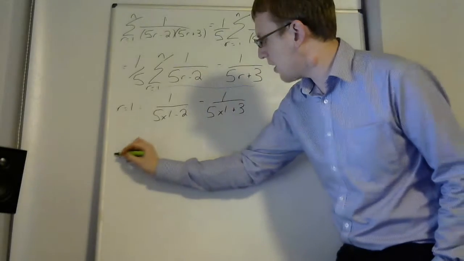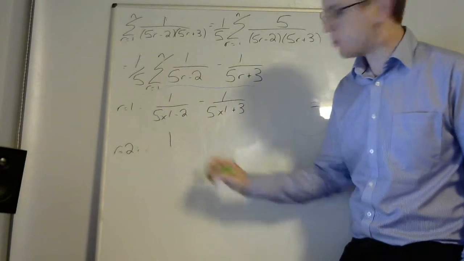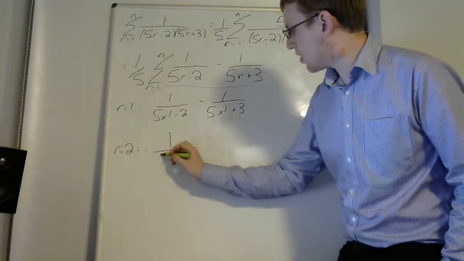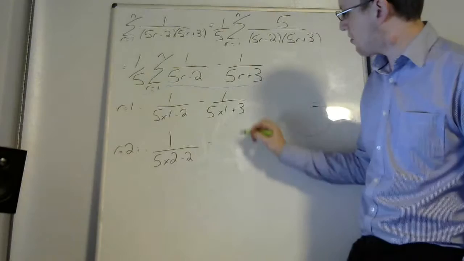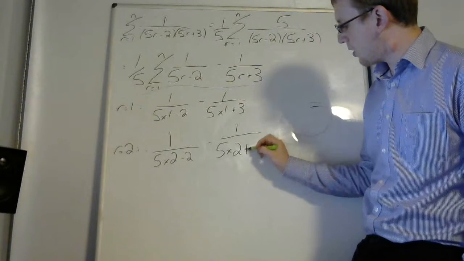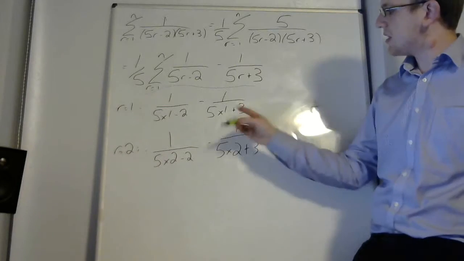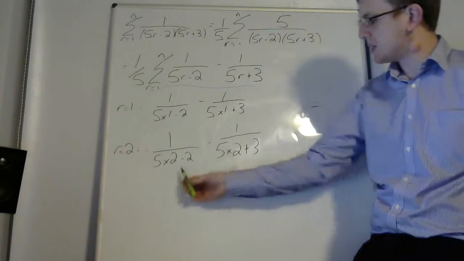Let's have a look at r equals 2. So the first fraction here is 1 over 5 times 2 minus 2, and the second fraction here would be 1 over 5 times 2 plus 3. Now at the moment it doesn't look like anything multiplies out. That's because I've been lazy and I've left my numbers like this.